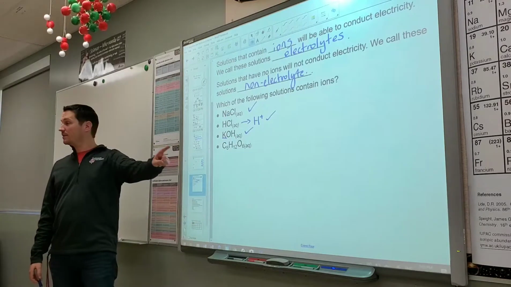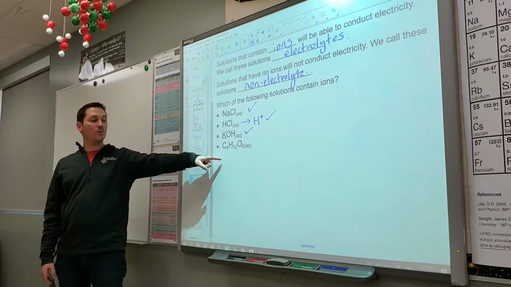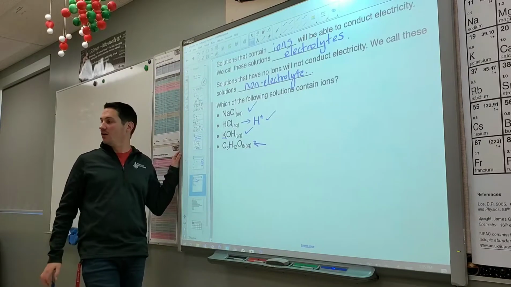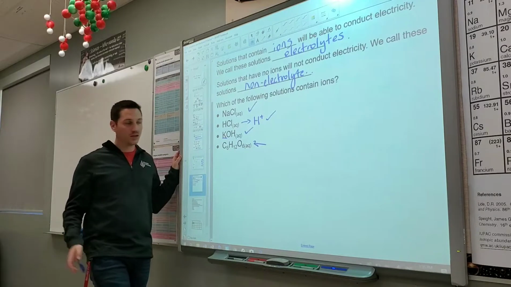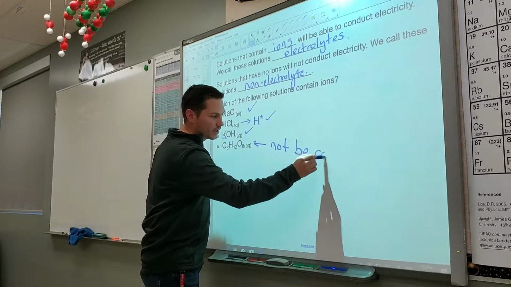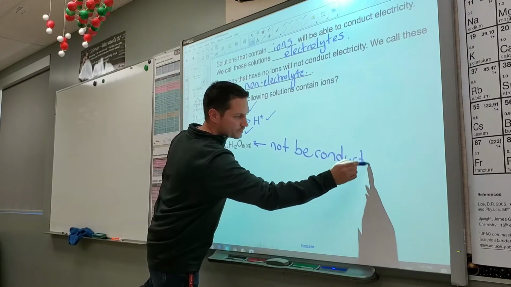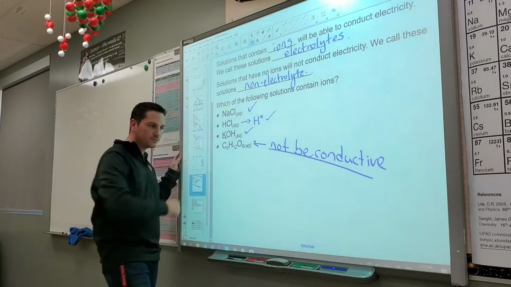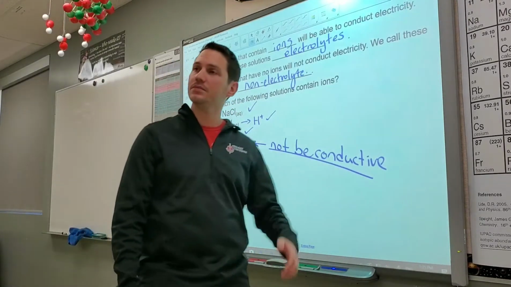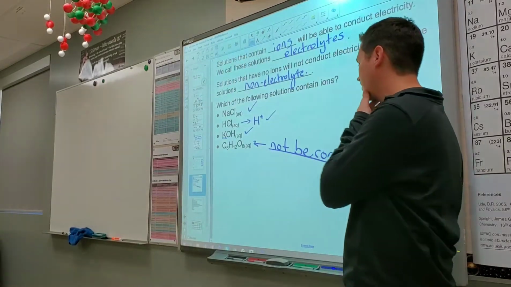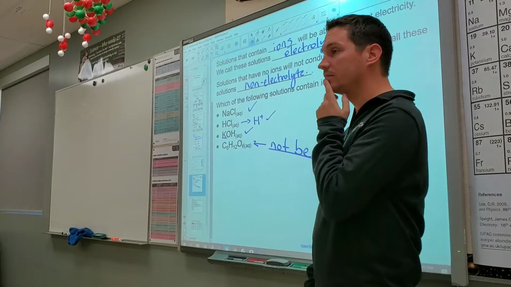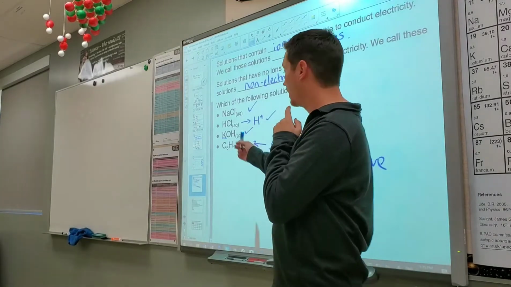What about the next one? No. This is what we call a molecular compound, and it's not an acid, right? So this will not be conductive. It's the only one on there that's not going to be conductive. HCl.